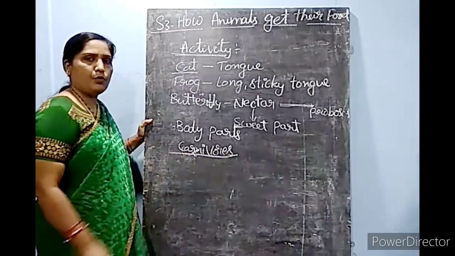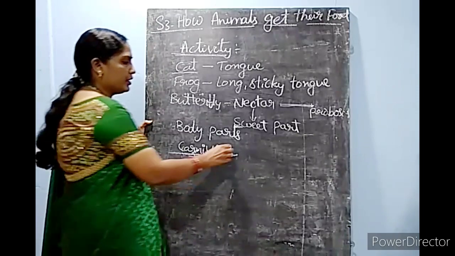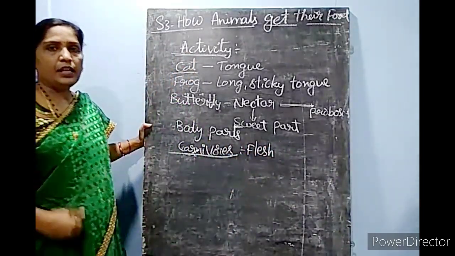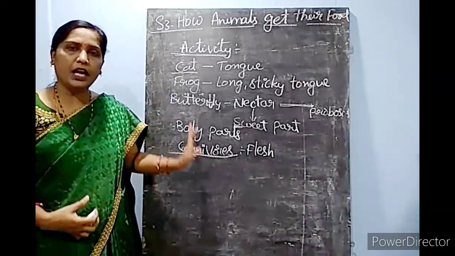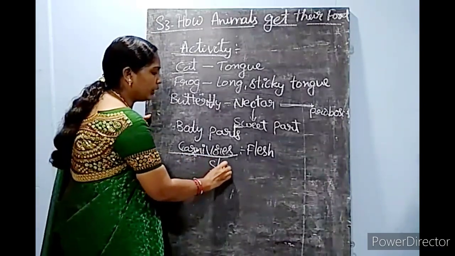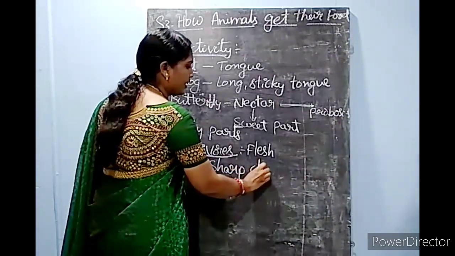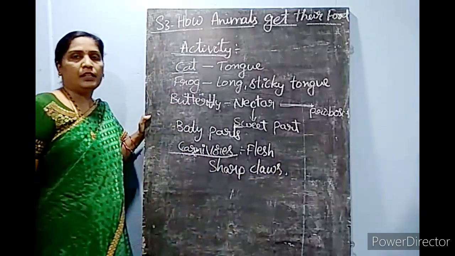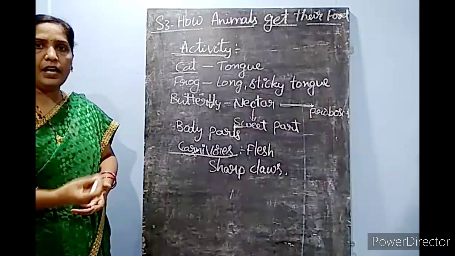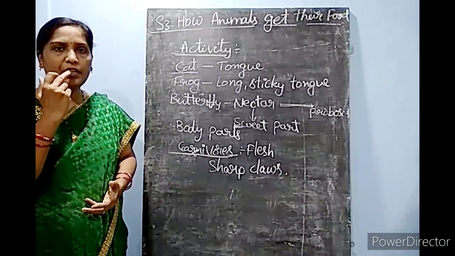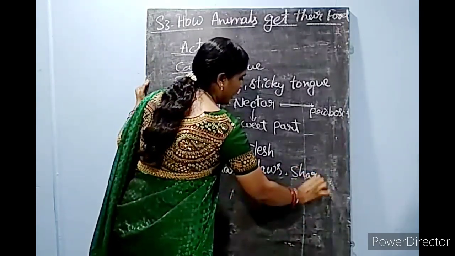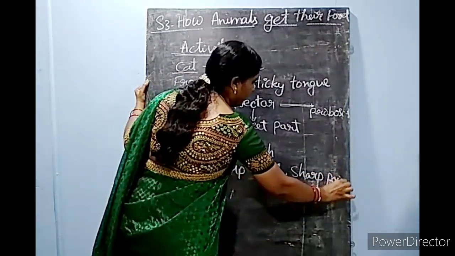What do carnivores eat? Carnivores eat the flesh of other animals, right? Then which body parts do carnivores use? They use their sharp claws to tear the flesh of other animals, and they also have sharp pointed teeth, as we discussed in our class yesterday.